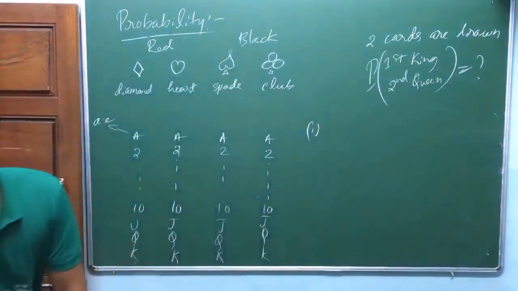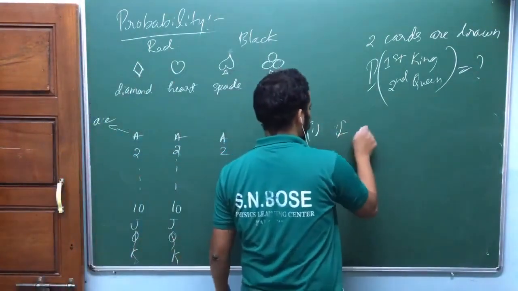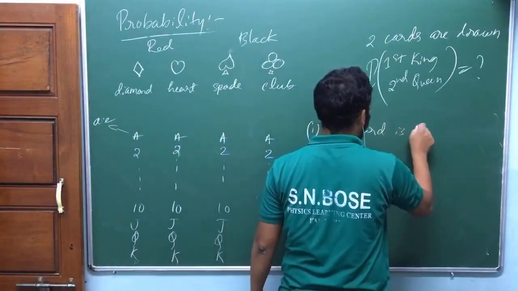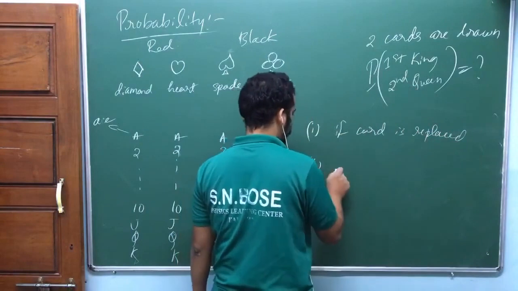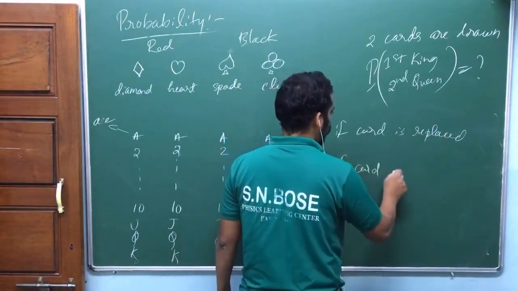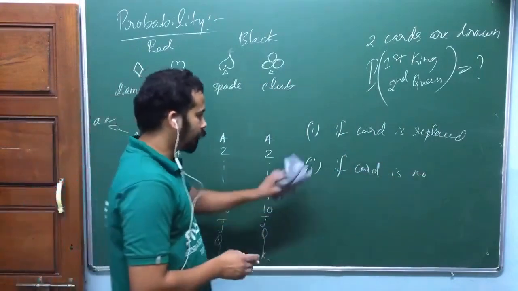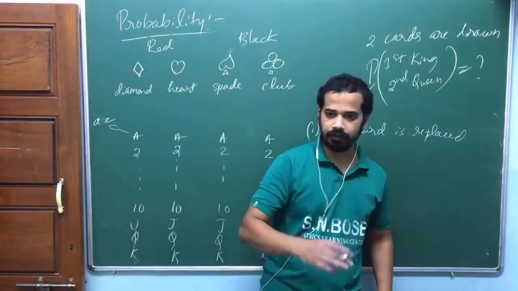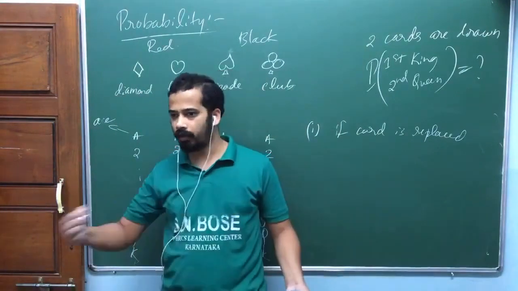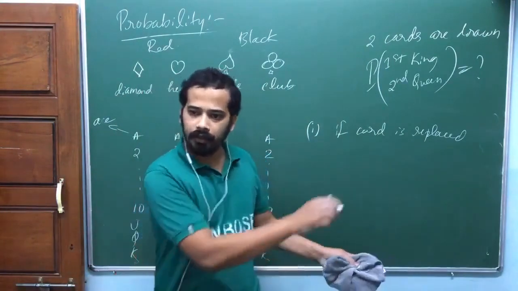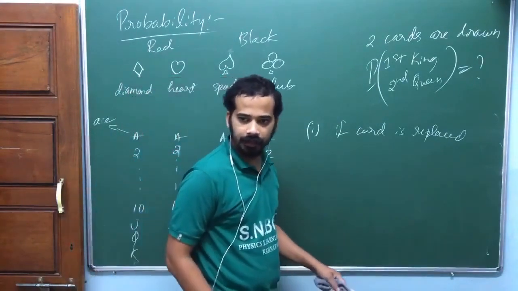First one is if the card is replaced. Second one is if the card is not replaced. You have drawn two cards, you've got two choices. One is you can draw the first card, replace it, reshuffle, and draw the second card. Or you can draw one after the other. Total two cards at the end of the second event.